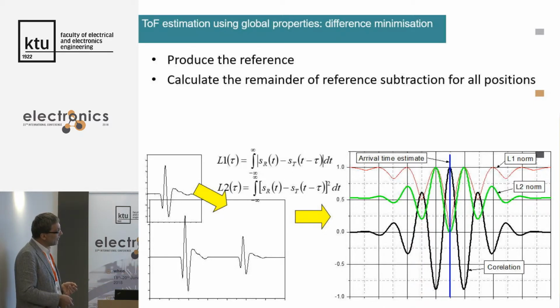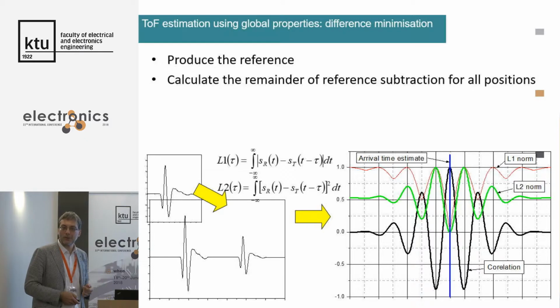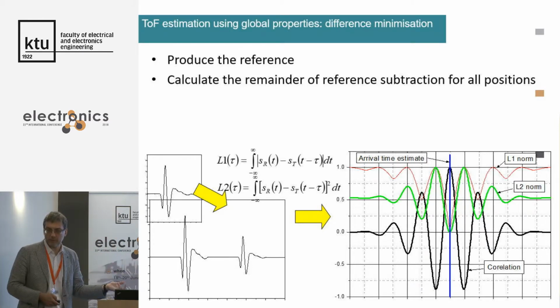It might look like the minimization techniques are not advantageous compared to the correlation technique, but when it comes to super resolution, they have a very large advantage. And this advantage is not seen here, but you need to divide 1 by the L1 norm of the remainder or the L2 norm of the remainder.